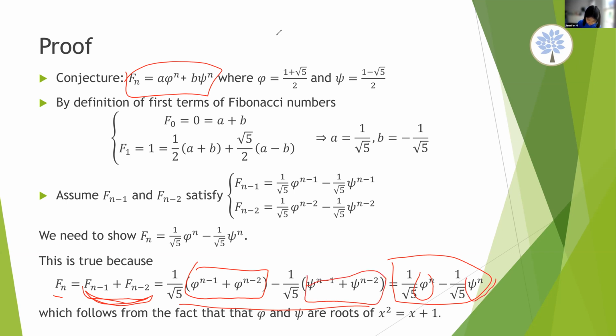And similarly for c, which follows from the fact that b and c are roots of x squared equals x plus 1. So basically, these equations follow from the quadratic equation, multiplied on both sides by the root to the power of n minus 2. And similarly for c.